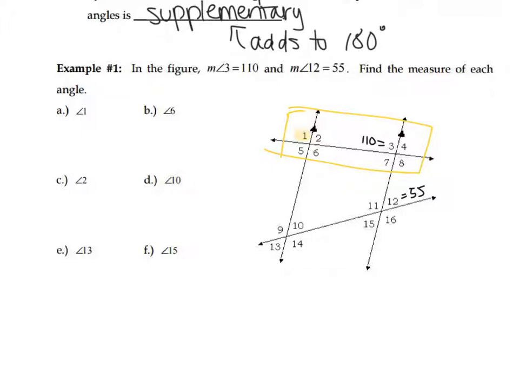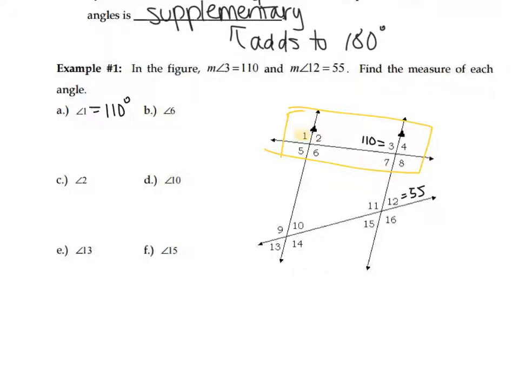So let's start with the fact that angle 1 is exterior, which means we're either going to use the alternate exterior angles theorem or corresponding angles, since those are the only two that involve exterior angles. But I don't know any of the measures of my other exterior angles, so I can't use alternate exterior, which leaves me with corresponding. And luckily, angle 1 and angle 3 are corresponding angles. They're in the same place, but on different lines, so they are congruent, which means angle 1 is going to be 110 degrees.